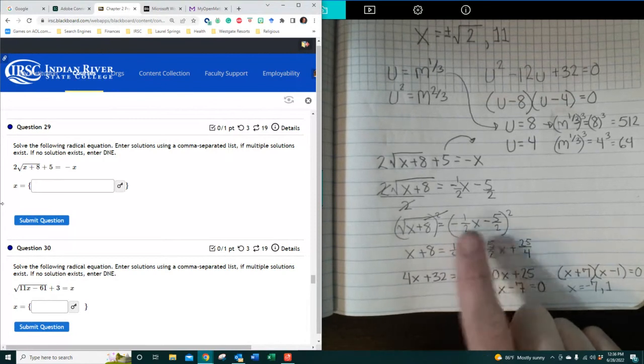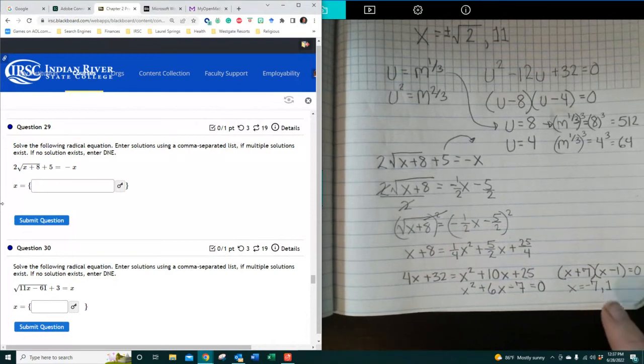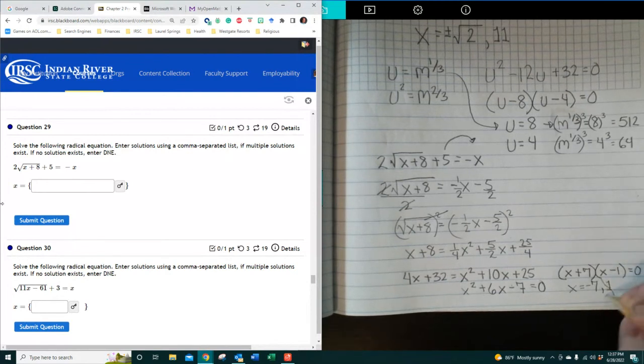And when we add it together, that's going to give us a positive value. So this one works, whereas this one doesn't. So we have to throw this one out. This isn't going to work. And you can test it in the original.